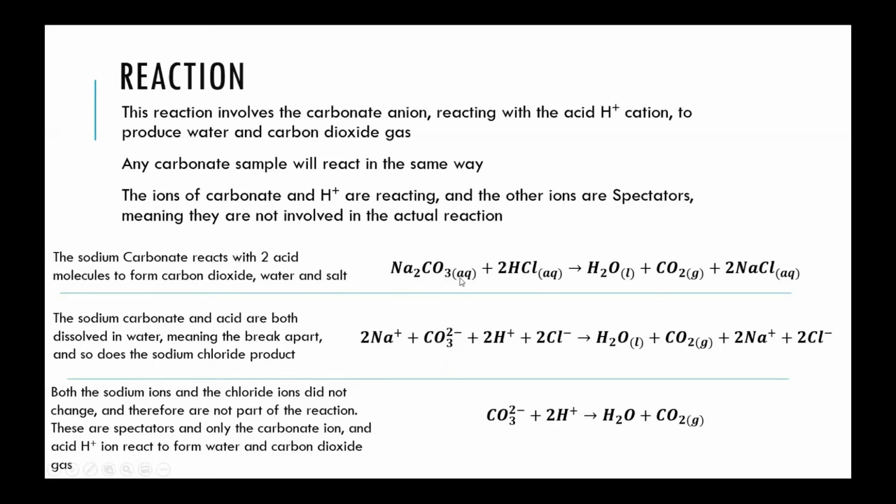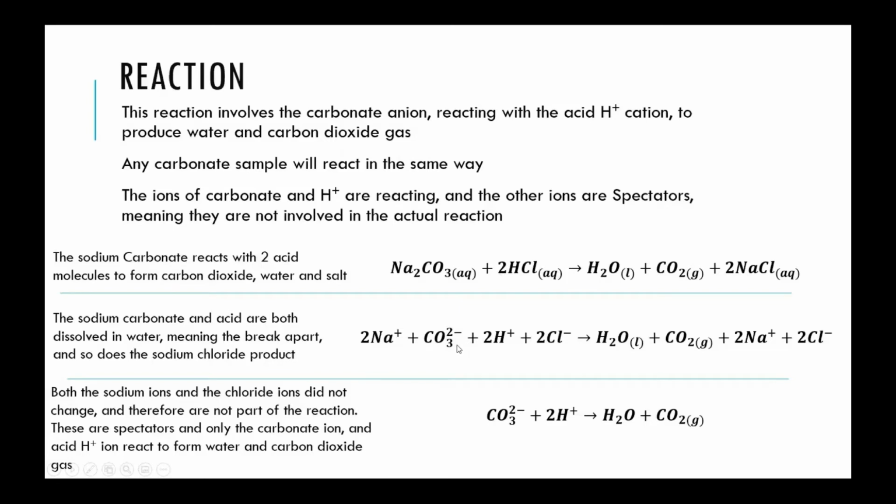However, the phase of the individual components plays a role in what's actually going on. The aqueous phase indicates that this compound is dissolved in water. It is an ionic compound that dissolves and breaks apart into its individual ions. This happens with sodium carbonate, hydrochloric acid, and the sodium chloride product.